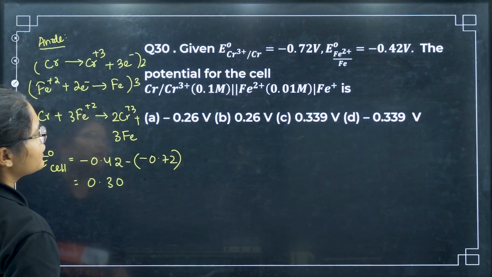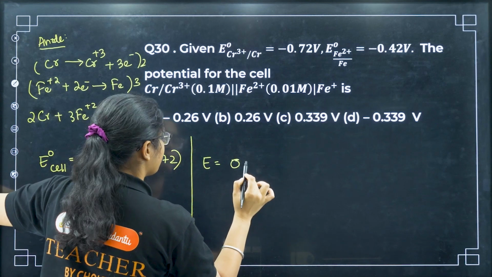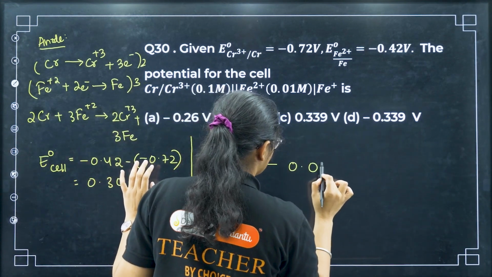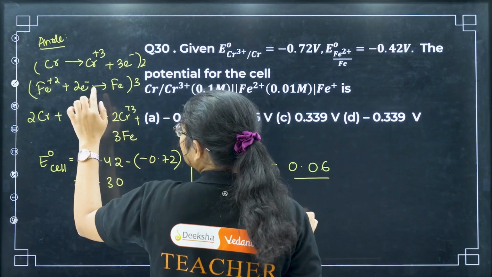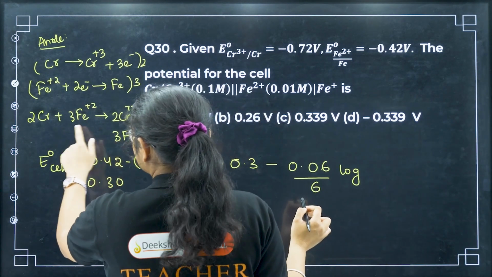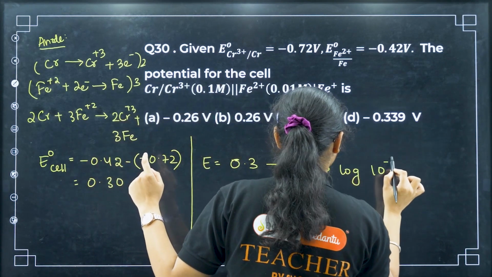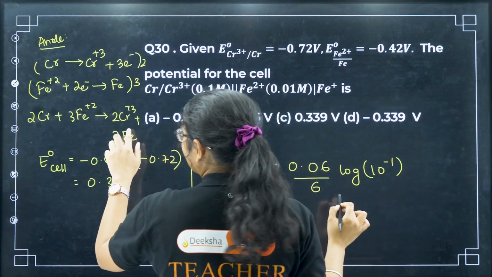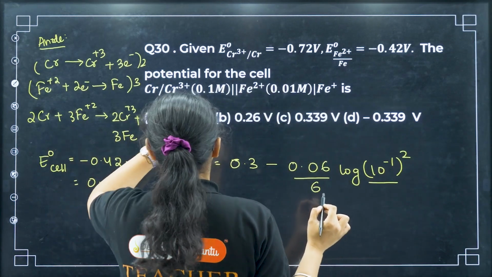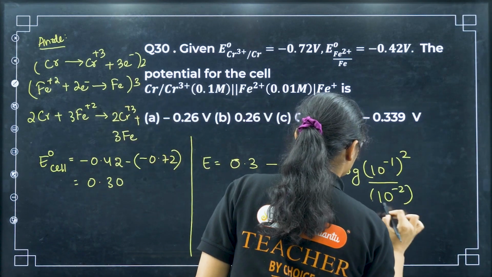Okay, let's solve it now. E of the cell is equal to E naught minus 0.059, so I will write it as 0.06, divided by the number of electrons, which is 6, times log of Cr3 plus concentration, how much? 10 to the power of minus 1, to the power of 2, whole divided by Fe2 plus, 10 to the power of minus 2, to the power of 3.